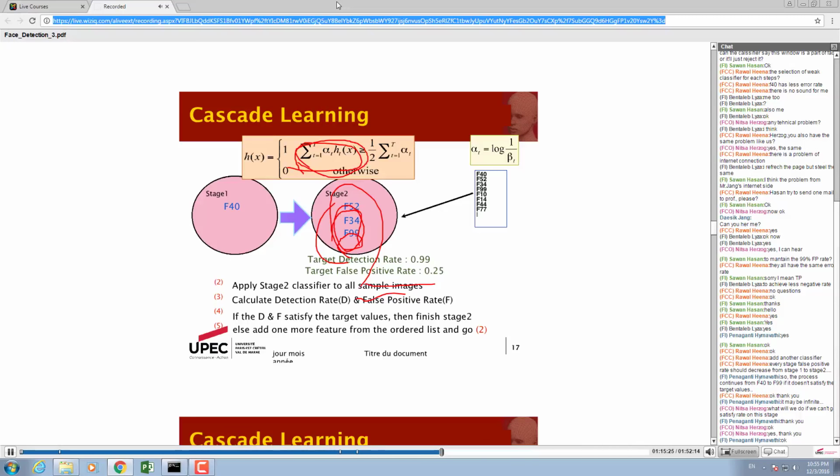By the way, stage three has a lower false positive rate. Stage two was 25%, and stage three will be 12.5%, half of the previous one. In this way, we are decreasing the false positive rate again and again, until the final stage.